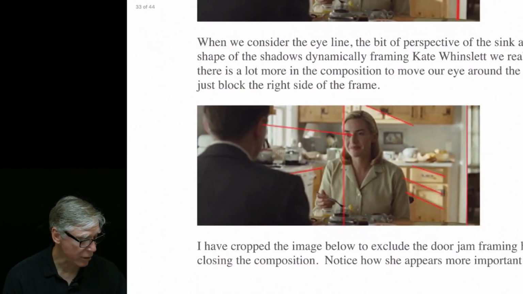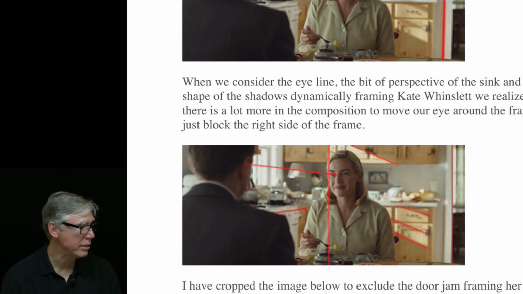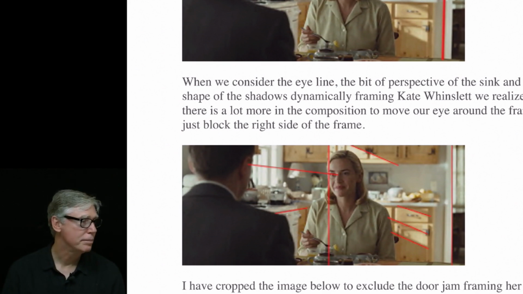And we can look at the shadows as well. You can look at his eye line, her eye line, the perspective on here, the shadows coming in. Now, all the light coming in the window could have been done on a sound stage, and the light coming in the window could be at any level they want. Okay? So these light shapes coming in across here work as framing elements around her. Okay?